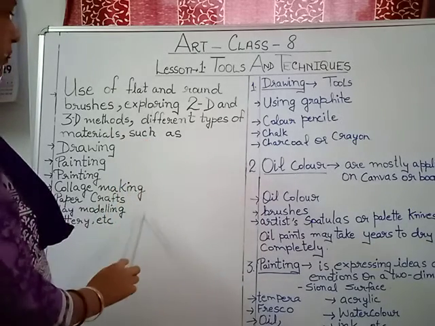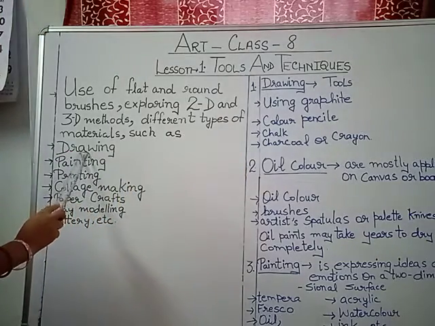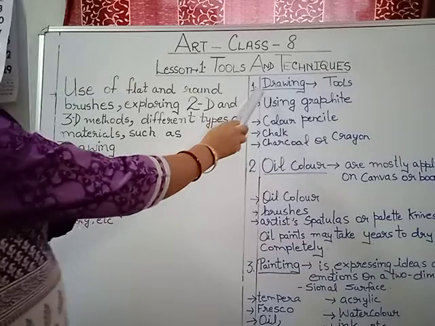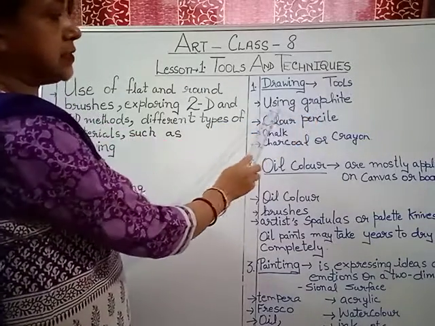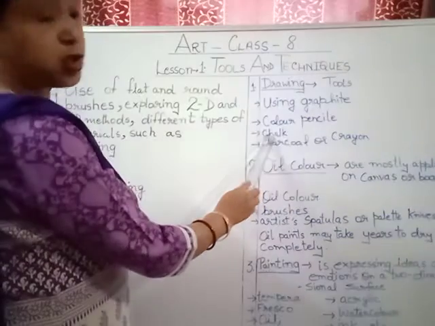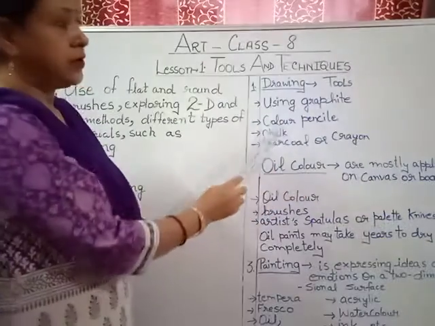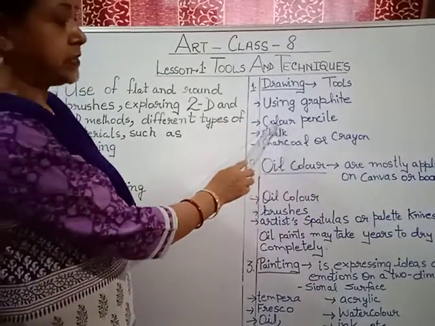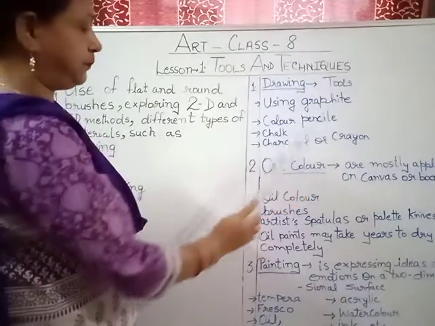We are going to cover this topic. Now let's see what is the first topic we are going to cover. If we are taking drawing, the tools required are graphite, color pencils, chalk, charcoal or crayons. Children, please buy color pencils, charcoal and a crayon box.